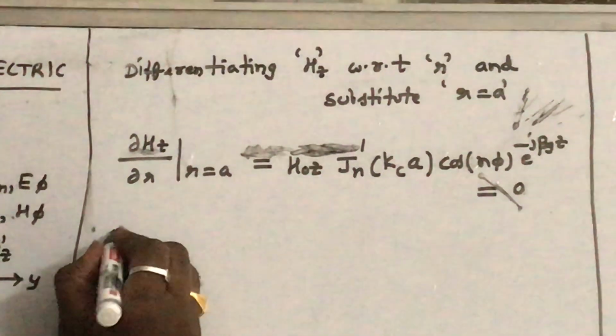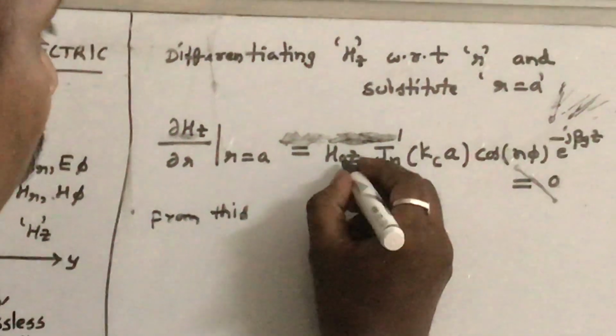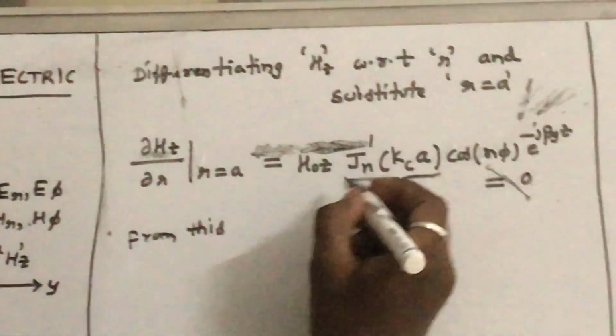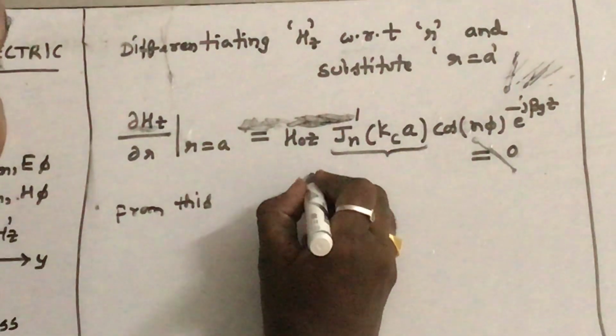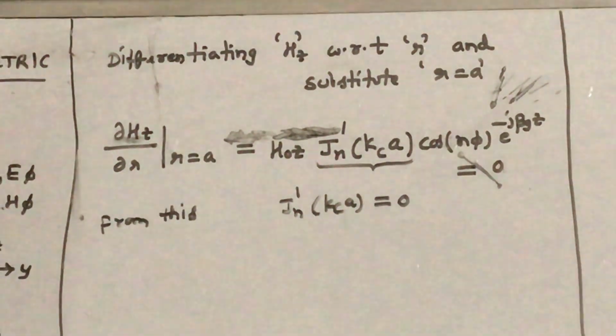So this only makes this term 0, because we cannot make these other terms 0. So therefore Jn dash of Kc into A is equal to 0.